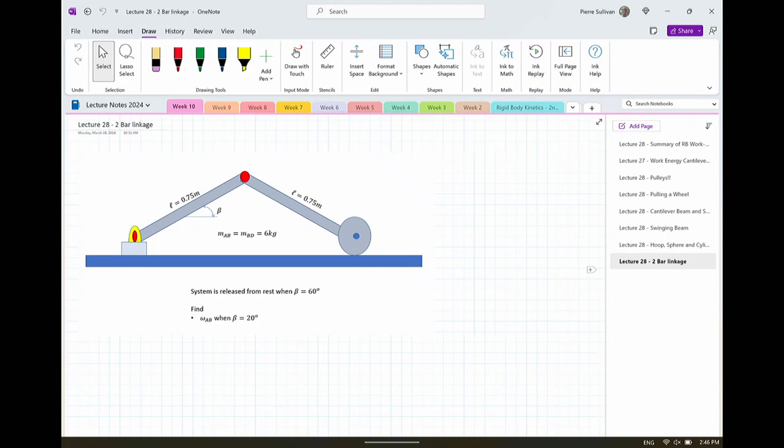You have a fixed point rotation here and a translation over here.